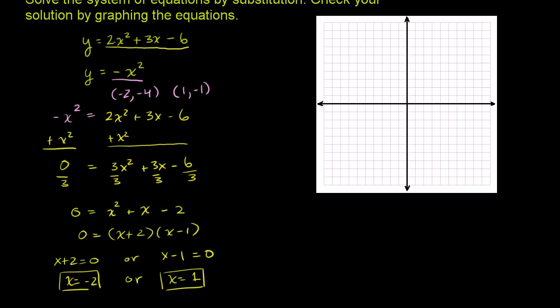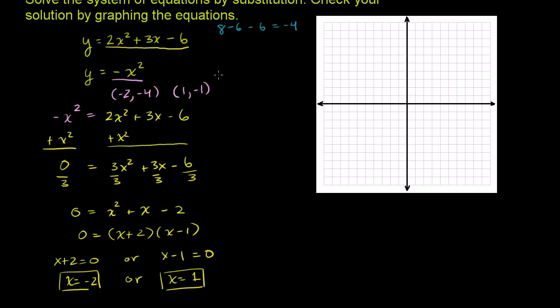Now if you look at this one over here, if you put negative 2 in, let's see, 2 times negative 2 squared. Negative 2 squared is positive 4. 2 times positive 4 is 8. 3 times negative 2 is negative 6. So 8 minus 6 minus 6. 8 minus 6 is 2. 2 minus 6 is equal to negative 4.